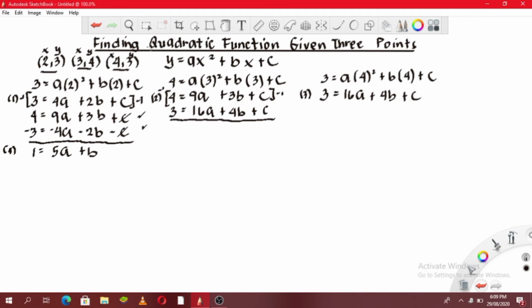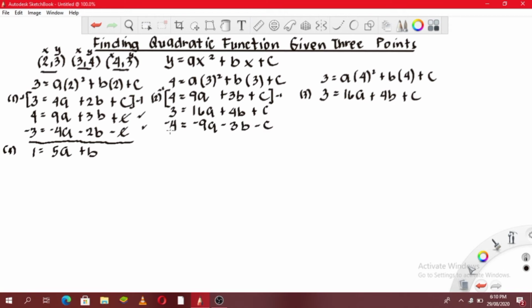So, again, multiply natin ang buong equation na ito ng negative 1. So, therefore, 4 will become negative 4 equals, ito ay magiging negative 9a. This will become negative 3b, and this will become minus c.